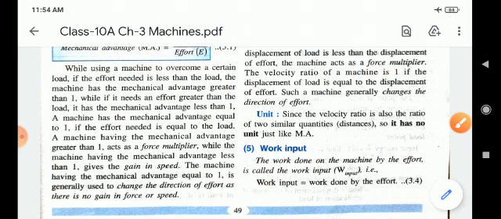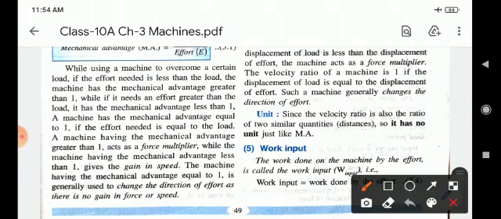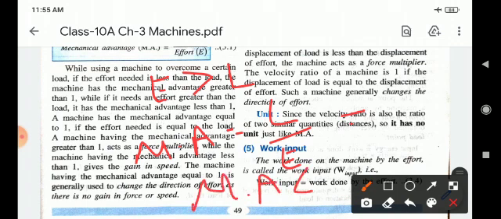Second point, if effort is greater than load, then mechanical advantage is equal to load upon effort, that is, mechanical advantage is less than 1. Children, listen.